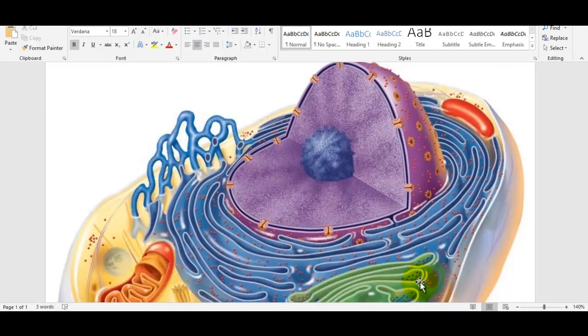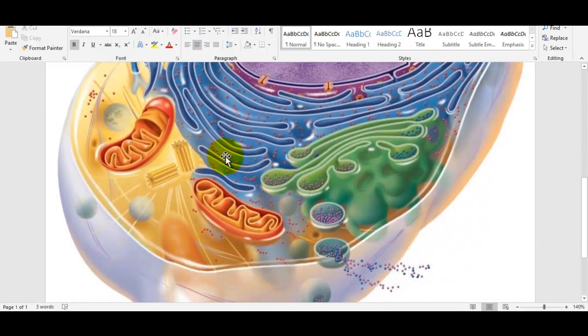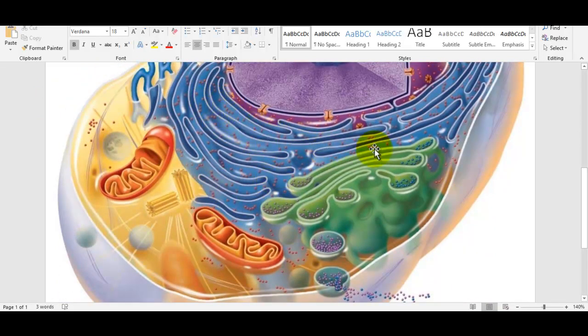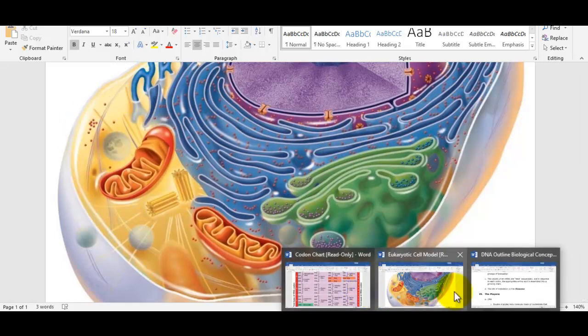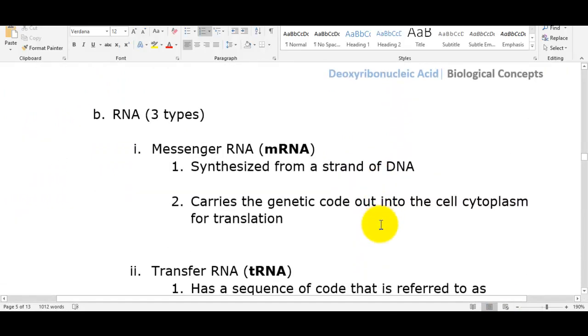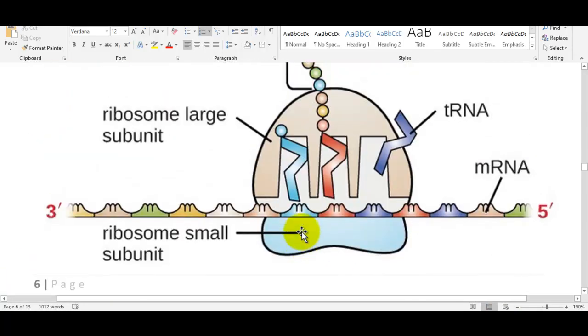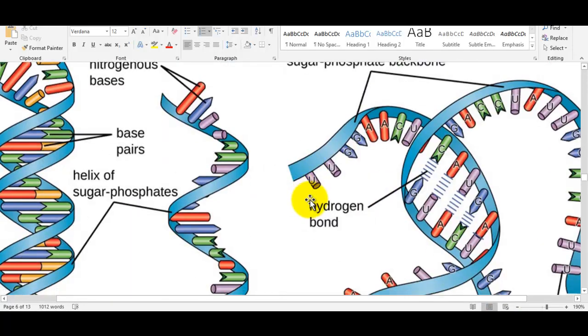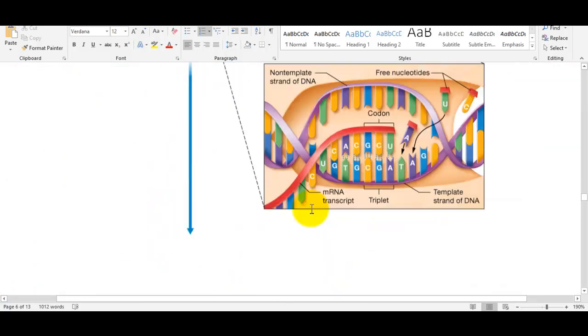So I'm going to bounce back in time. Remember, we covered the red dots, those little guys attached to what is called the rough endoplasmic reticulum. I gave you a picture further down, I'll just show you real quick. That's a diagram of a ribosome, and this is going to be the next video.